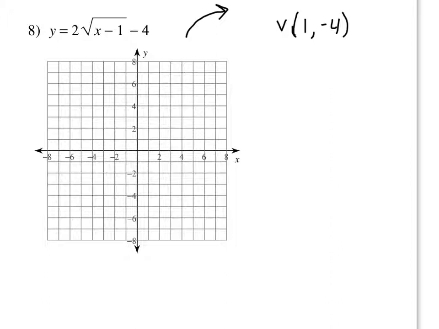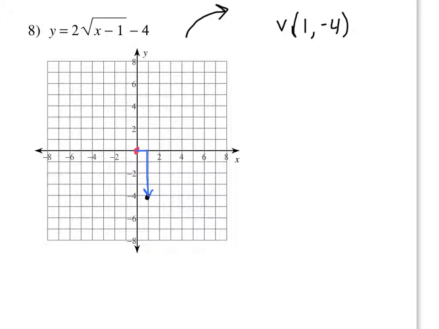But we do need to talk about where that starting point is being shifted to. So if the parent function starts at 0, 0, and our starting point is at 1, negative 4, where is everything being shifted to? Right 1, down 4.